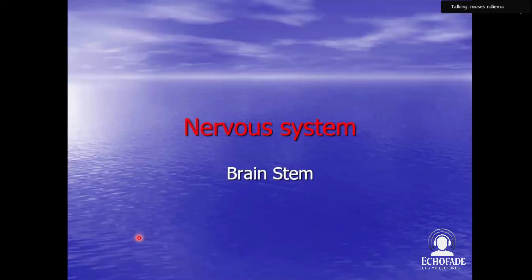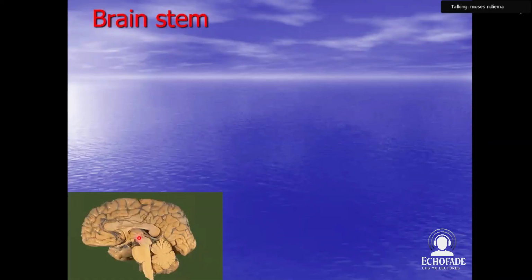After the stem, we have the branches and the leaves. So the other parts of the brain, the cerebellum, the cerebral cortex, the diencephalon derivatives, could be considered as branches and also the leaves subsequently. The brainstem here comprises the medulla oblongata, the pons, and the midbrain.